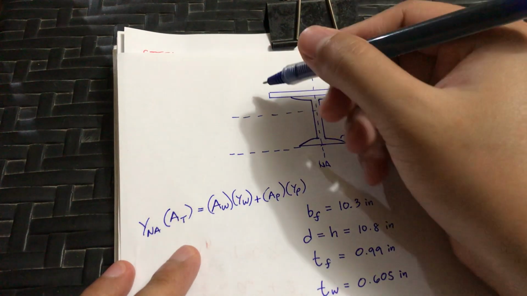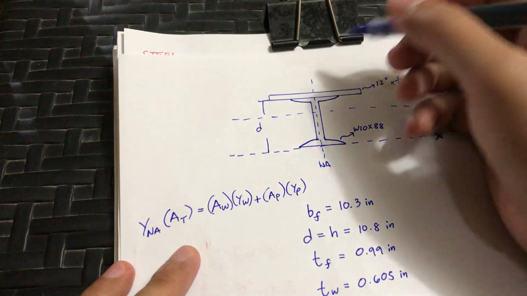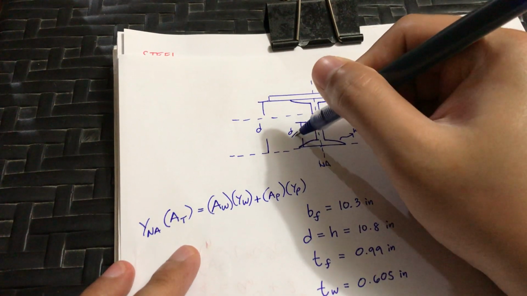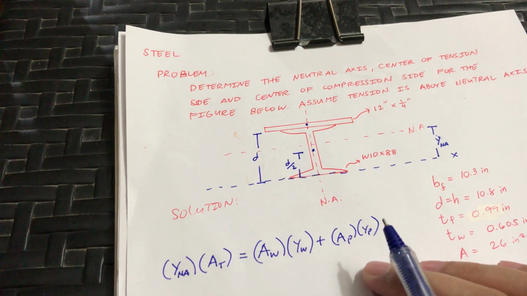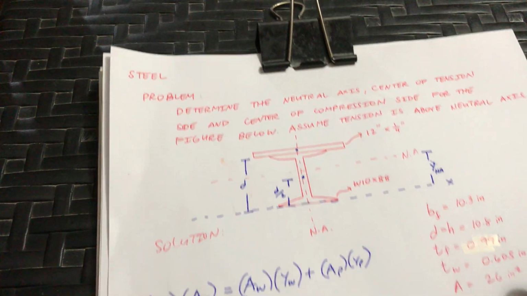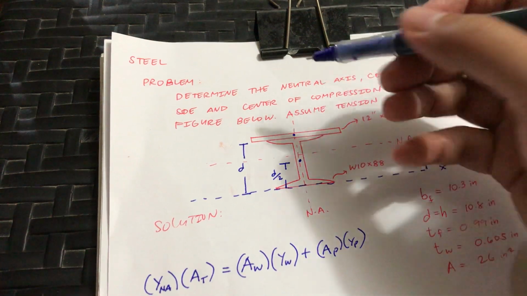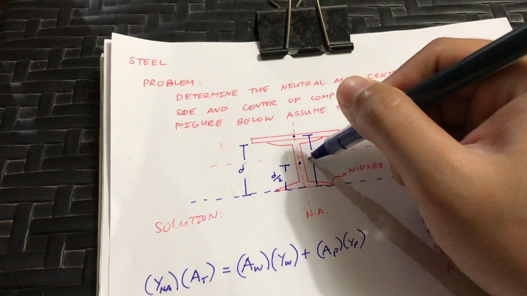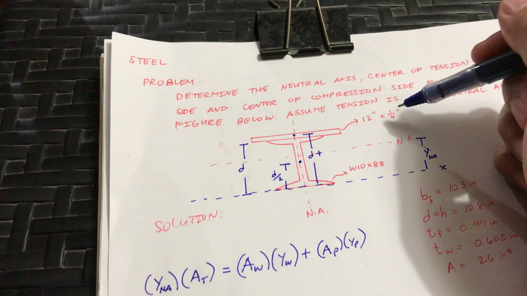Now, of course, if d is the depth of the flange, then the location of its center is d over 2. Okay. So we can have it in this part. While the location of the plate is over here, so this now becomes d plus half of the thickness of the plate, which is 1/4.